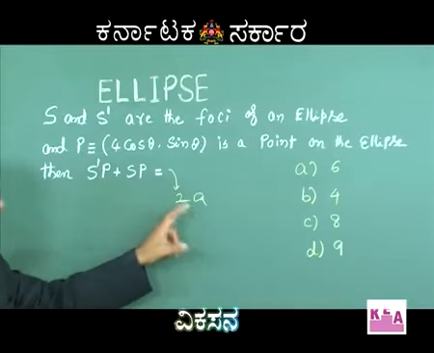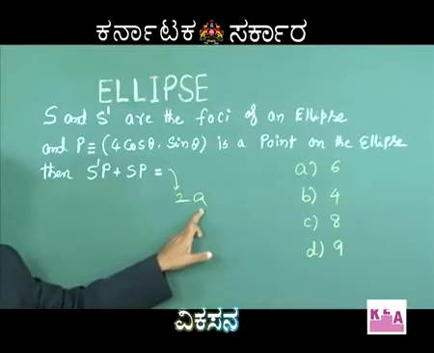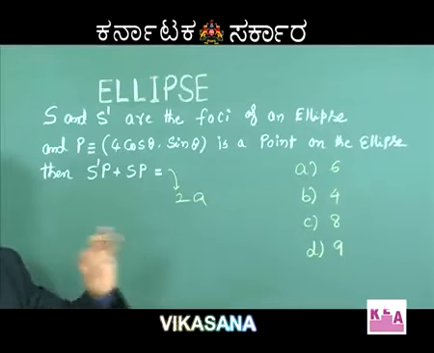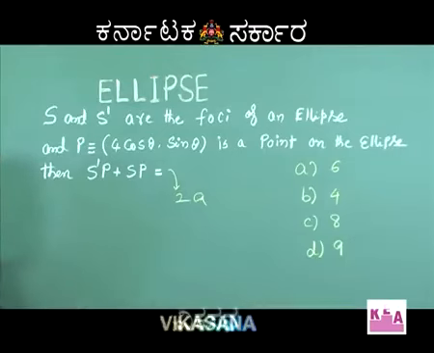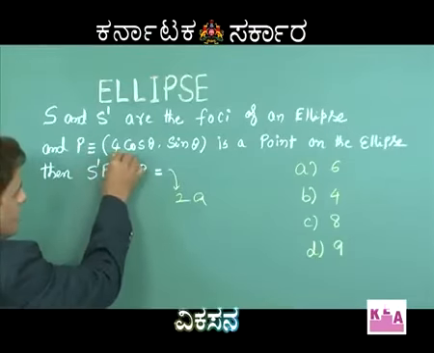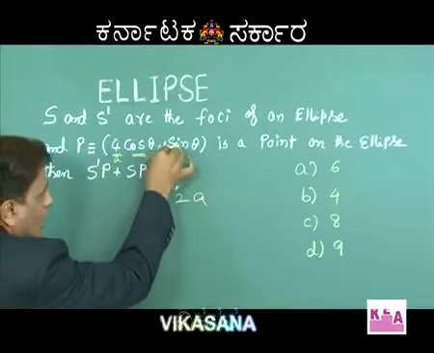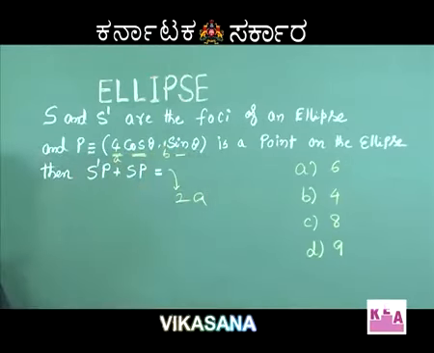Now, to complete this, we have to find the value of a. To complete this example, we depend on the value of a. It's very easy. Earlier I gave you the idea: parametric equations are x is equal to a cos theta, y is equal to b sin theta.